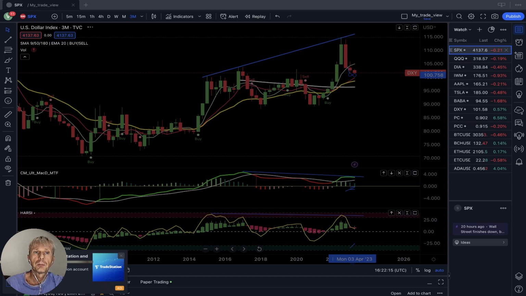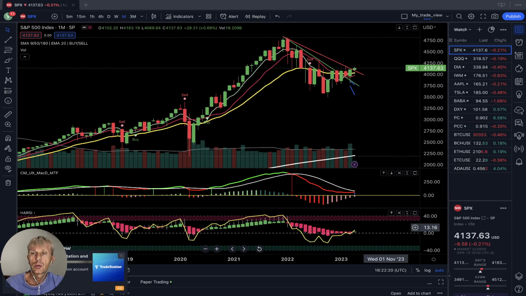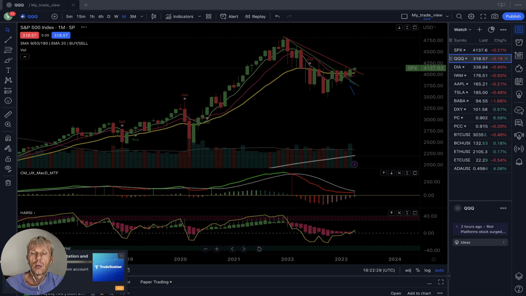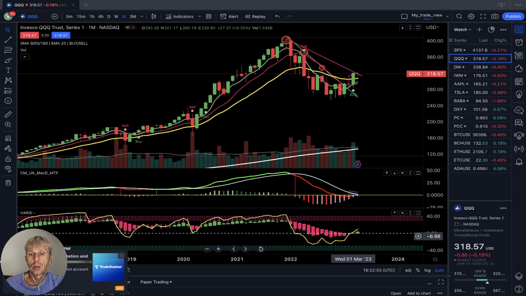SPX, S&P 500, monthly positive, wants to go bullish. All indicators bullish, except MACD. MACD ready for bullish crossover. Qs, monthly also positive, bullish on all indicators. MACD ready for bullish crossover.